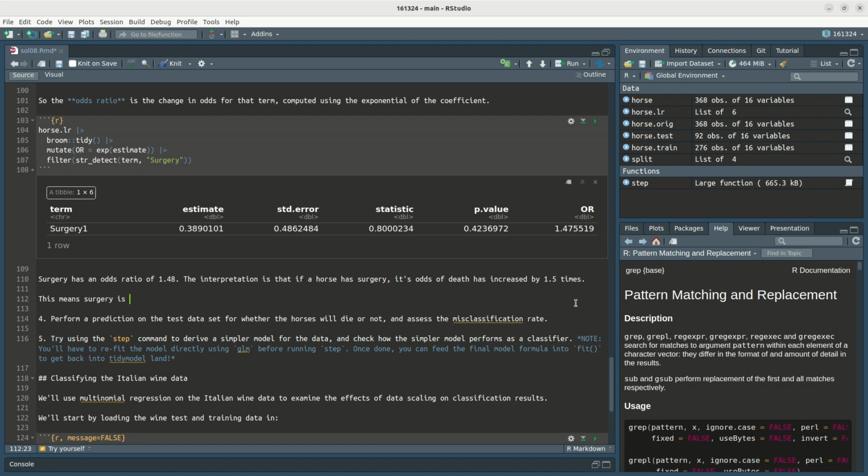This means that horses that had surgery were more likely to die, around 1.5 times, than horses that didn't.